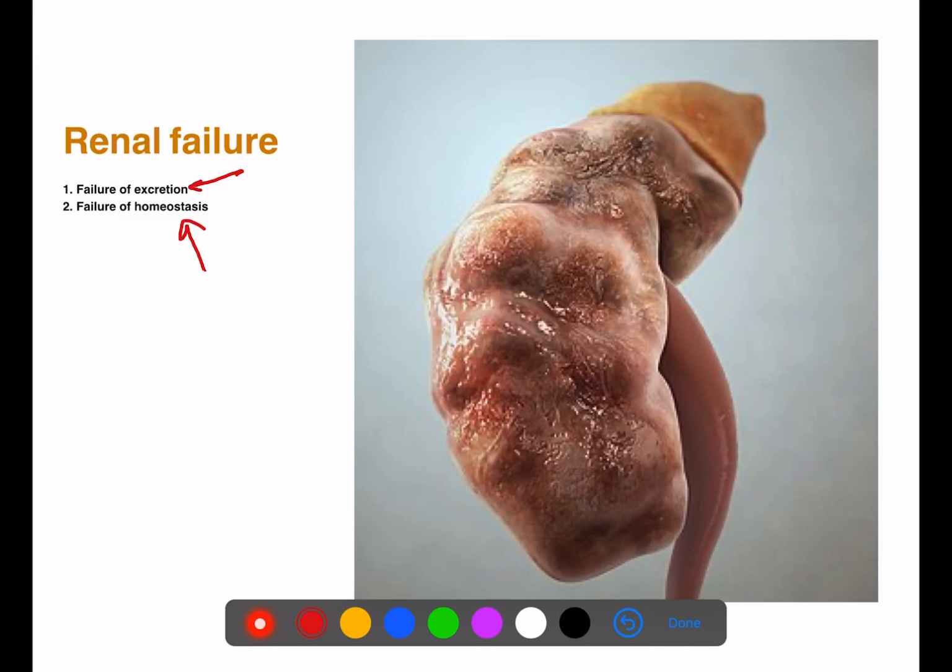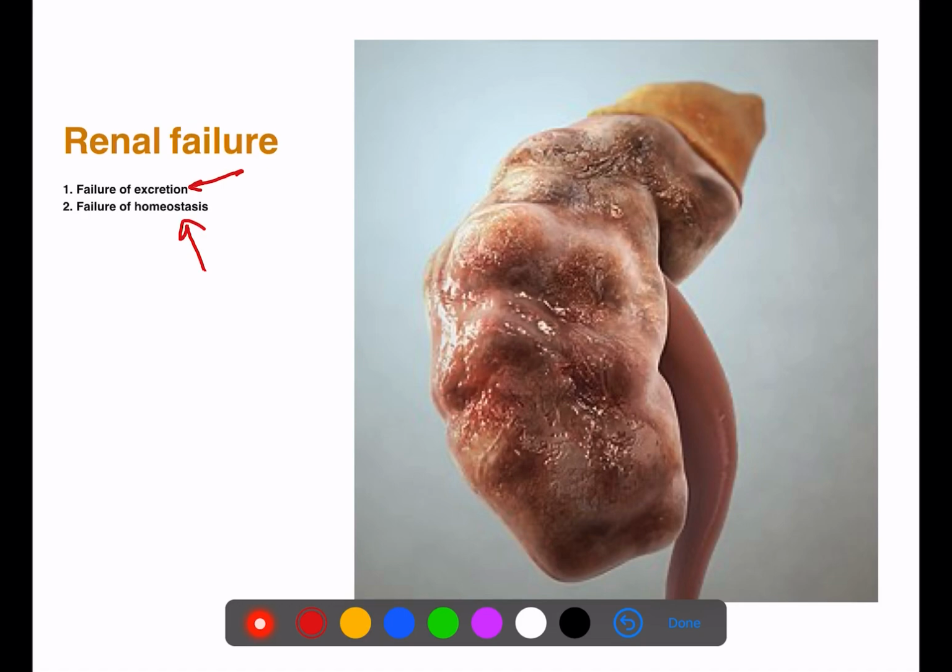Acute renal failure usually occurs due to a pre-renal cause. What do we mean by a pre-renal cause? It is a defect that occurs not in the kidney, but within the heart or the blood, due to hemorrhage, shock, bleeding, or heart failure.